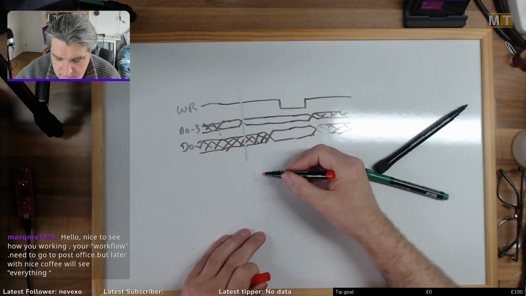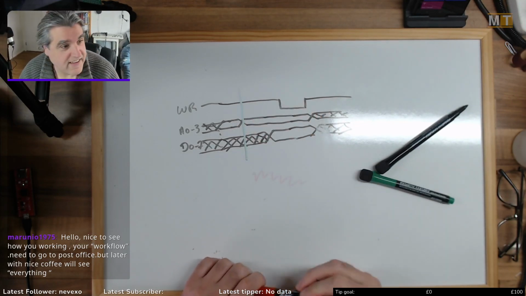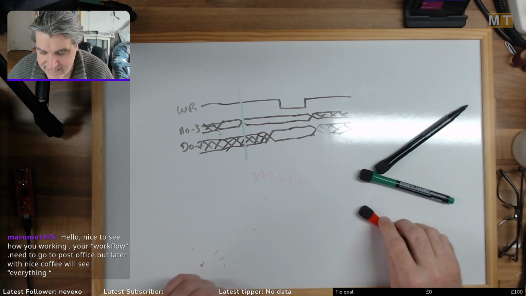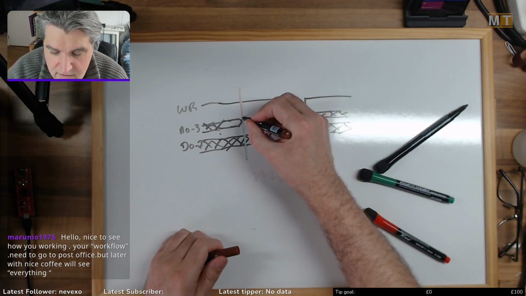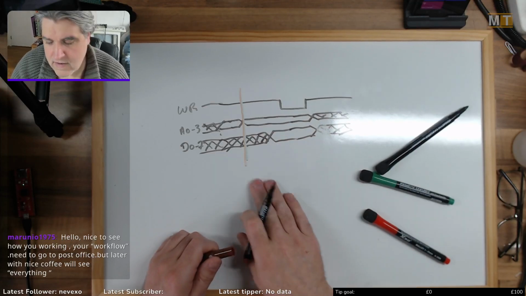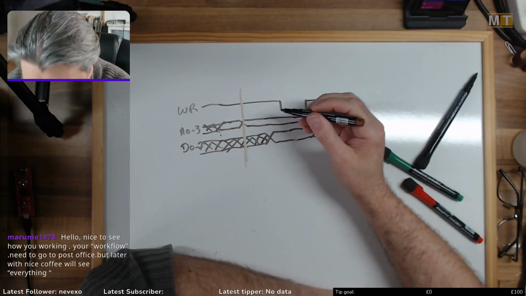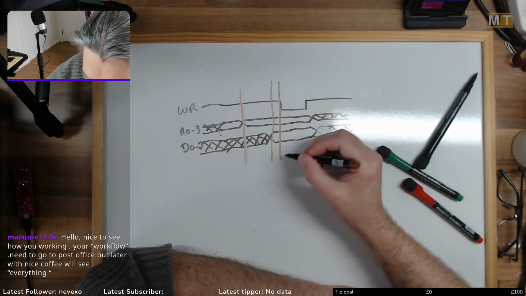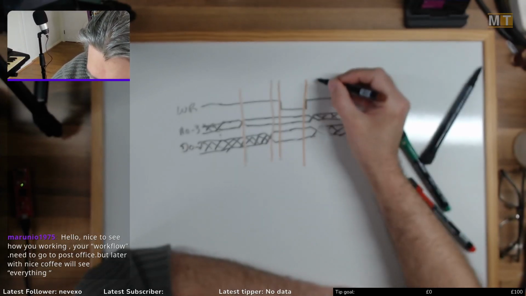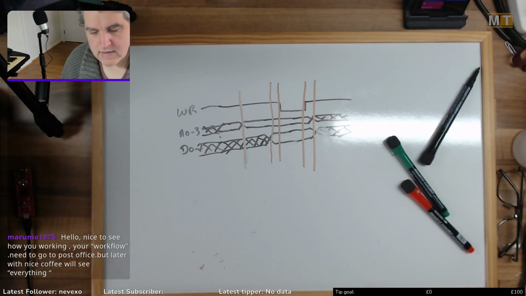No, even that. They're not very good pens, these, are they? Right. Brown. That's a bit better. We have point of interest here where the address changes, here where the data changes, here where write goes low, where write goes high, and where the bus is released.